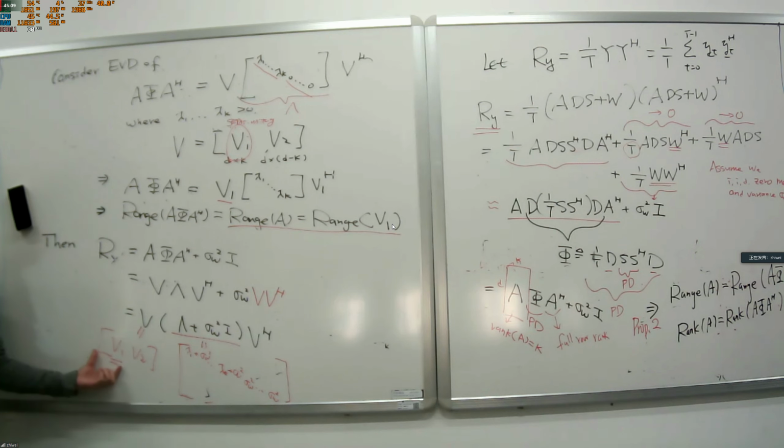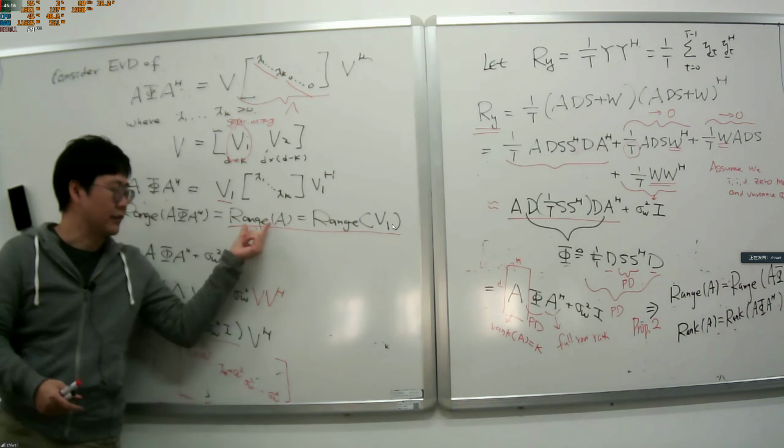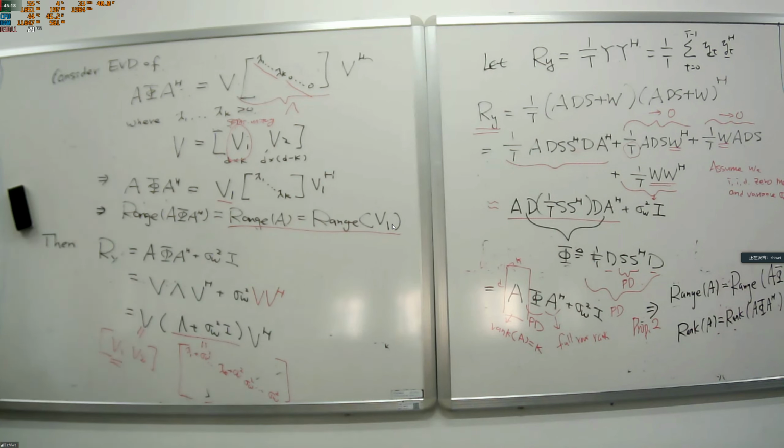These columns give you this V1, which has the same range space as the range space of A.